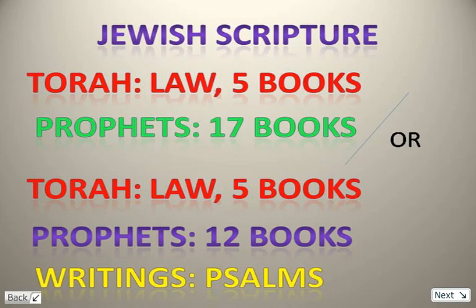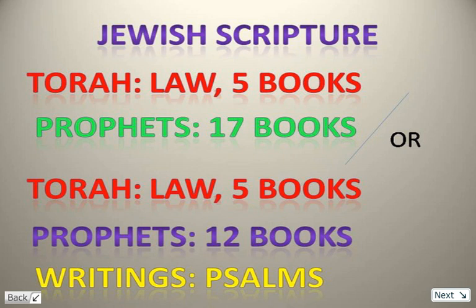In this slide we can see more clearly how the Jewish scripture is divided. We have the 2 ways they divided it. One, the Torah or law, the 5 books, and the prophets, in Hebrew, Neviim, 17 books, or in 3 ways of dividing it: the Torah, the prophets, the Neviim, and the writings, called the Ketuvim.